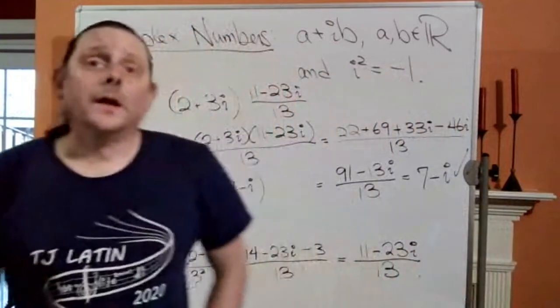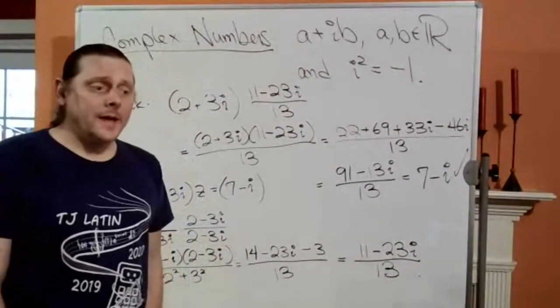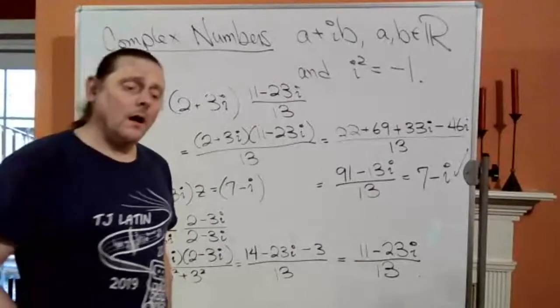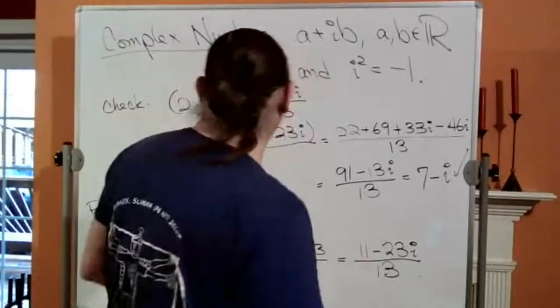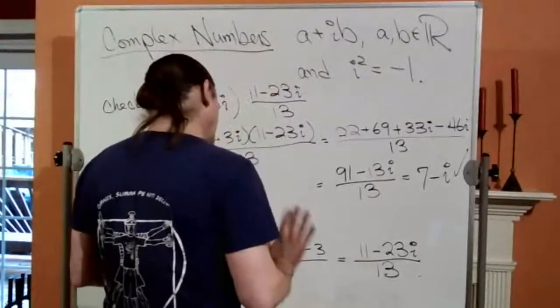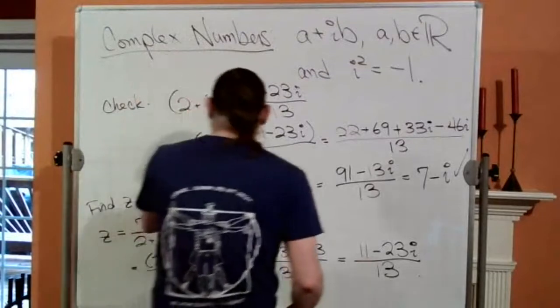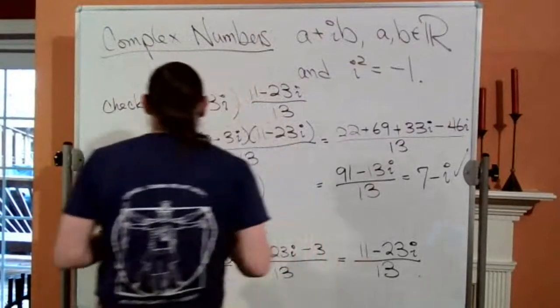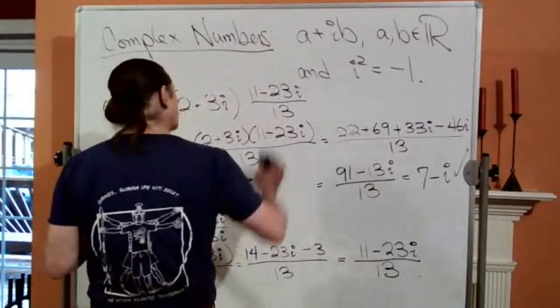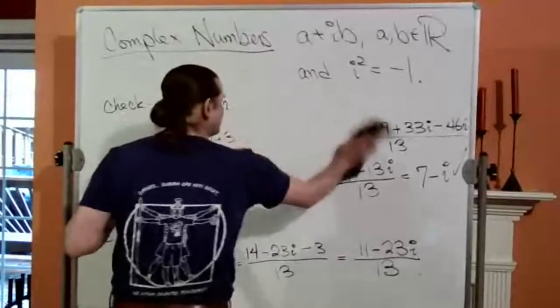All right? Now we have some other nice properties of multiplication and division that we'll find by making use of this a squared plus b squared. All right, so let me get rid of this check right here.